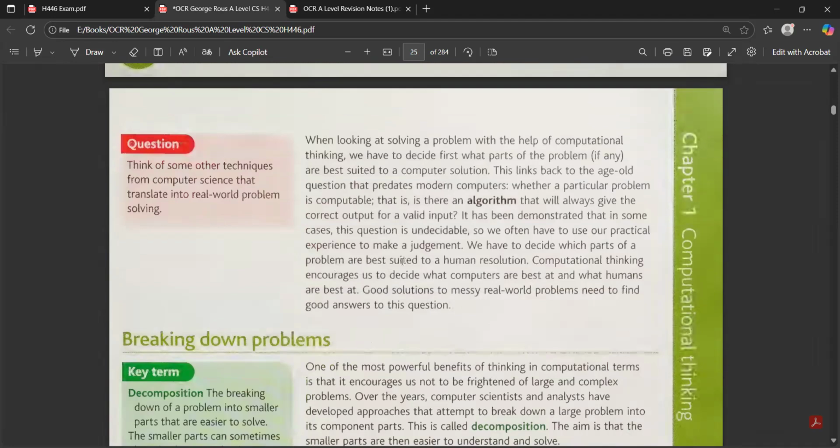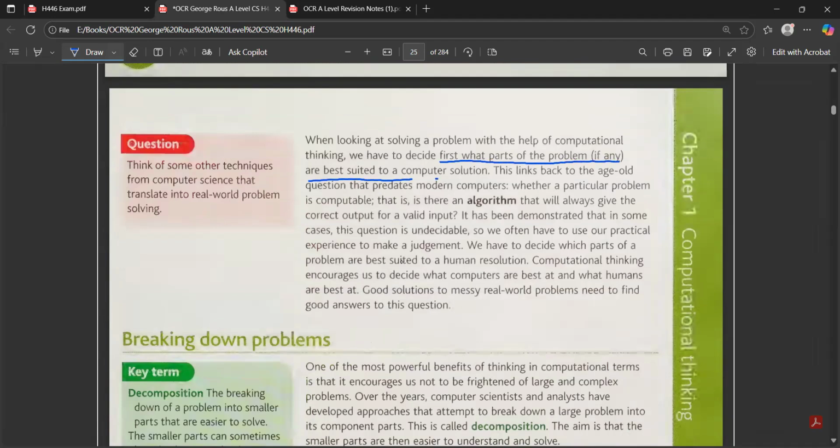When we are solving a problem with the help of computational thinking, we have to decide first what parts of the problem, if any, are best suited for a computer solution.